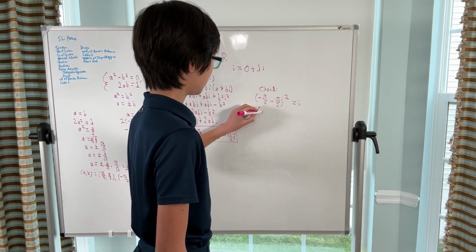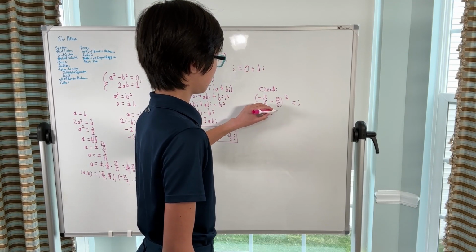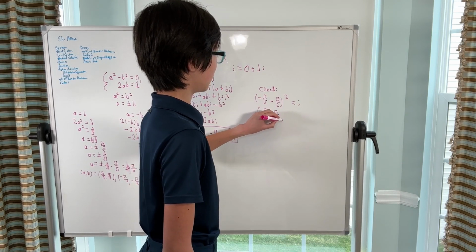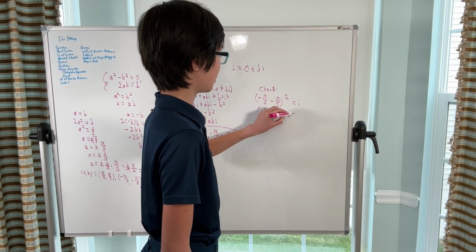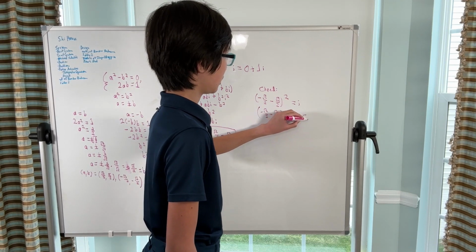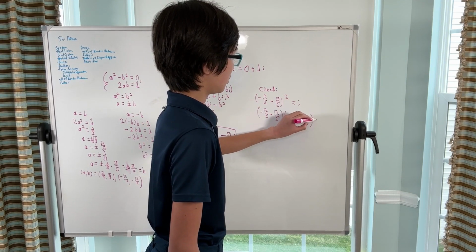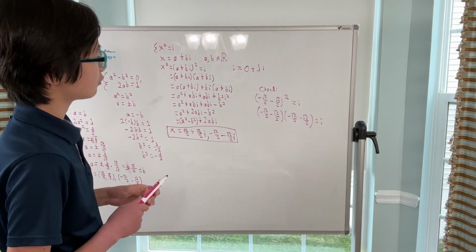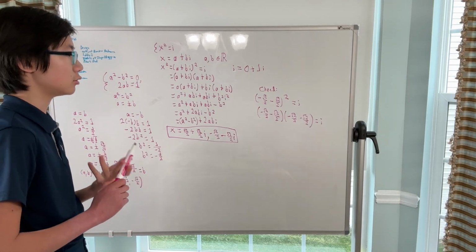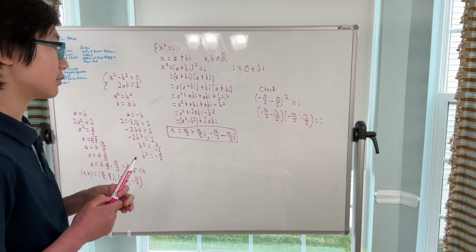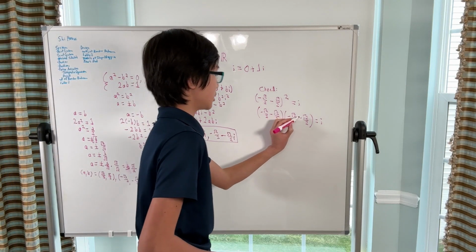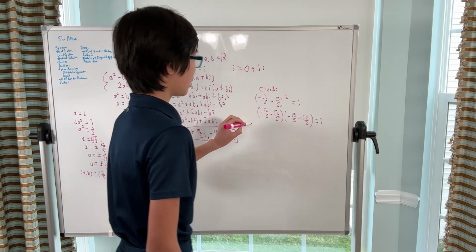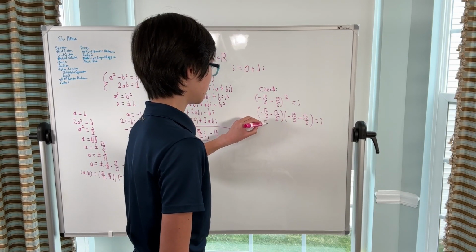And once again, just like last time, we can use the distributive property. Well, now we're expanding the terms. And now, after expanding the terms, we get negative square root of 2 over 2 minus negative square root of 2 over 2 i, multiplied by negative square root of 2 over 2 minus the square root of 2 over 2 i, equals i. So now we can use the distributive property.